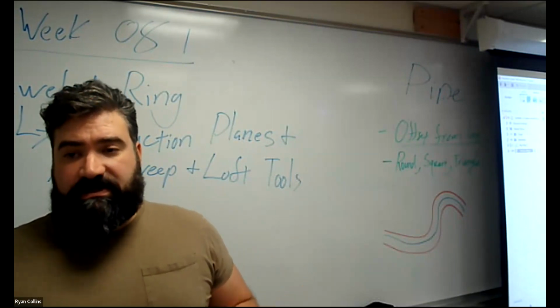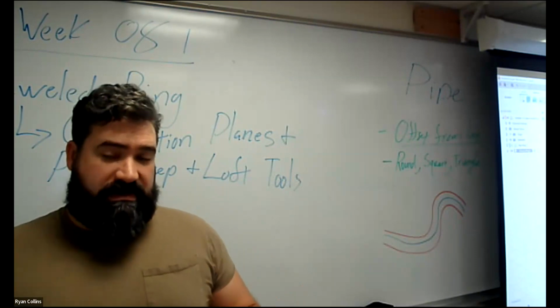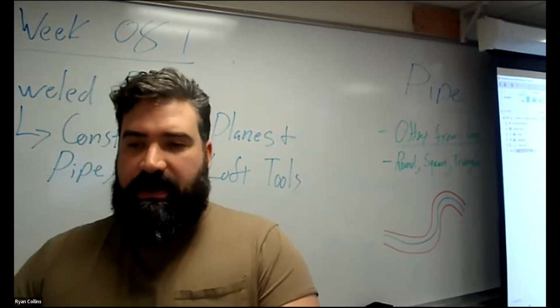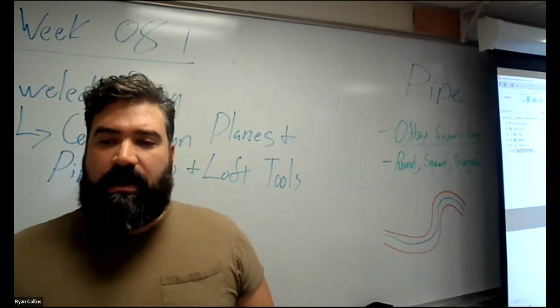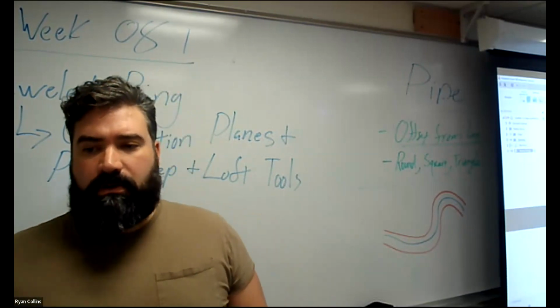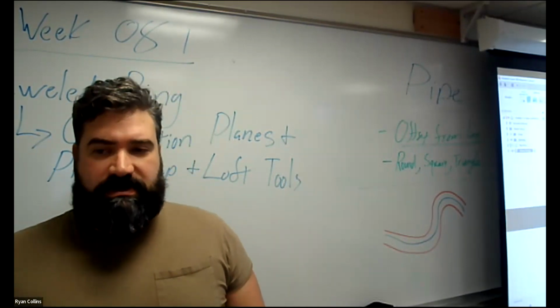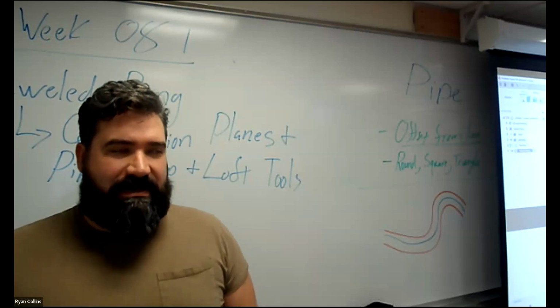So what it does is you pick a path, in this case a circle, and then you can just move that plane along that path. So this being a circle, it kind of doesn't really matter.